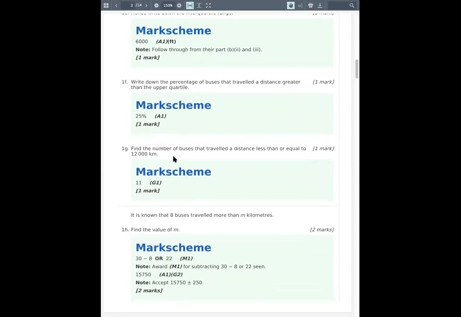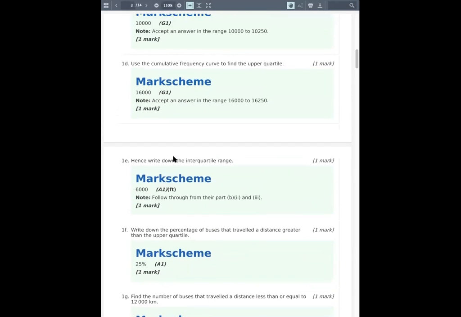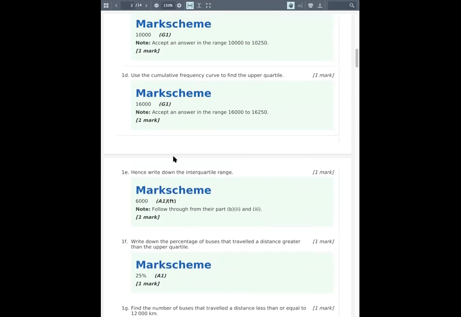1F. Write down the percentage of buses that travel a distance greater than the upper quartile. Since we got the answer from 1D, since it was 16,000, this is pretty easy. Since the upper quartile is 75% out of 100%, you would just do 100 minus 75, and that would be 25%.